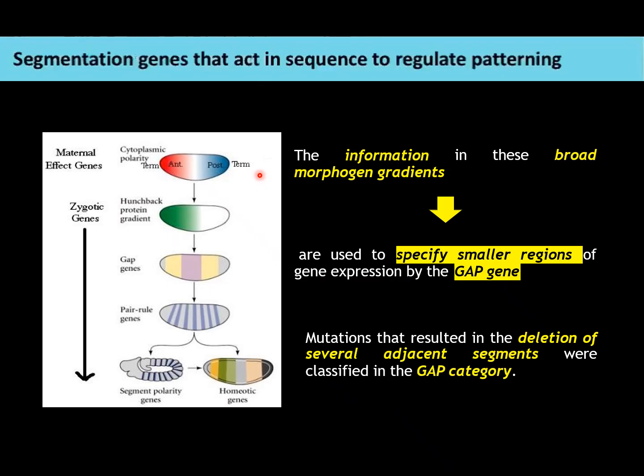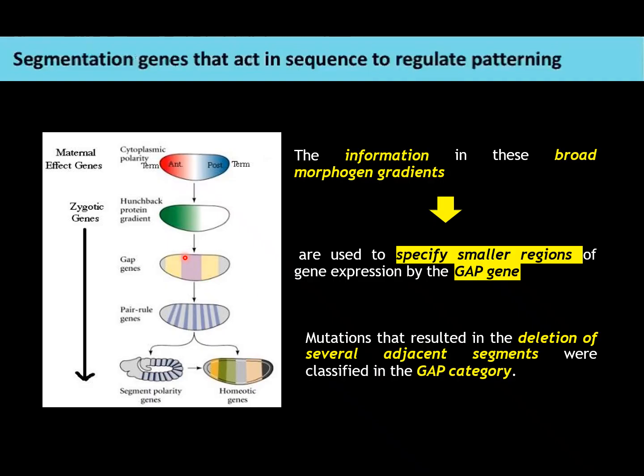So what we have been talking about is that when you move from the maternal genes to the homeotic genes, you start seeing more and more specificity in each one of the segments. The second level of specificity is these gap genes, which were found by deletion of several adjacent segments.